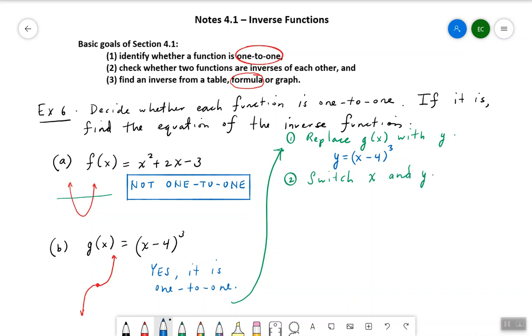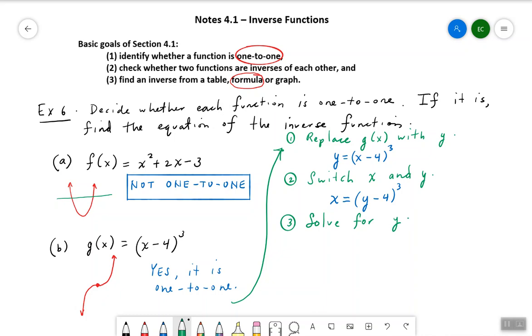which is essentially what it means to be an inverse. And so we can write x equals y minus 4 cubed, and then all we have to do now is solve for y. So it might be nice if we go ahead and switch the two sides.